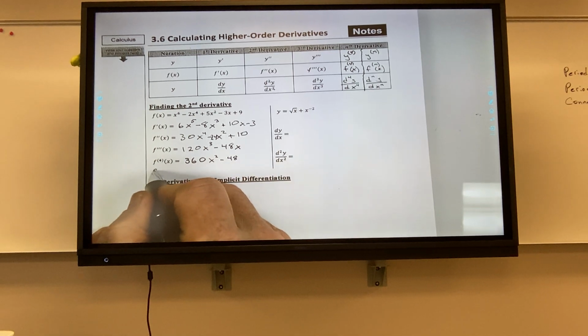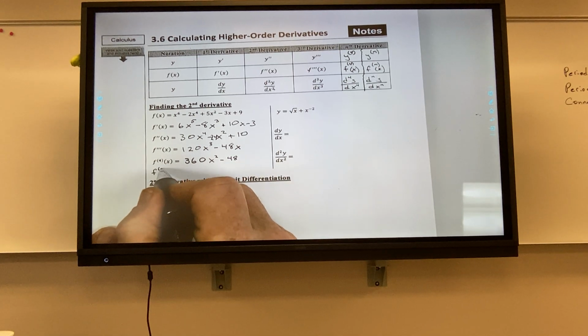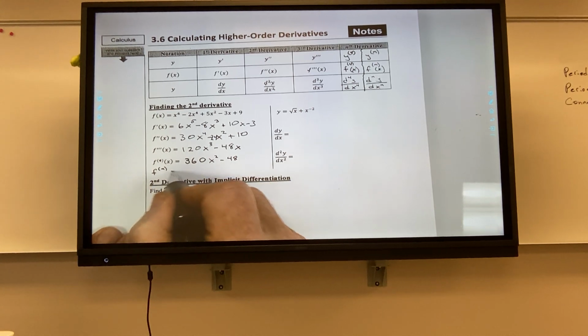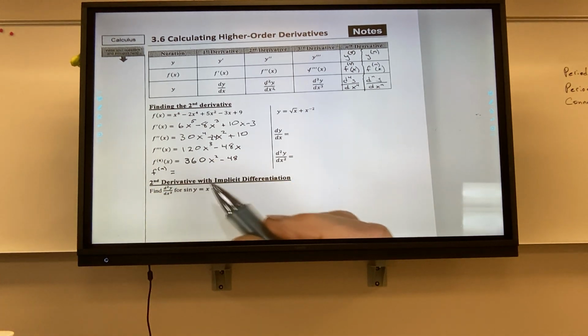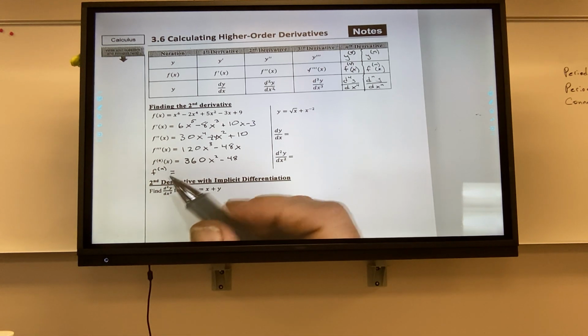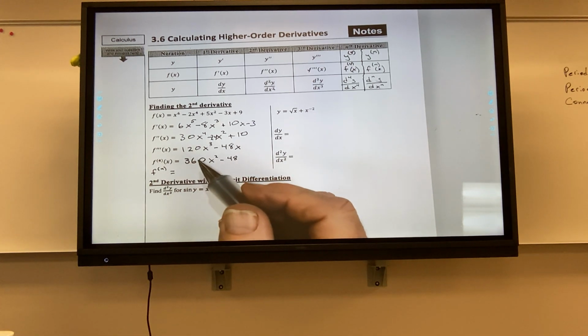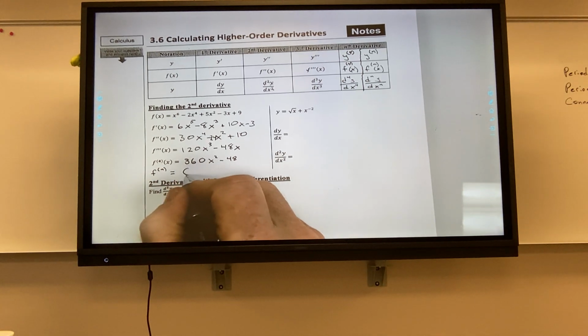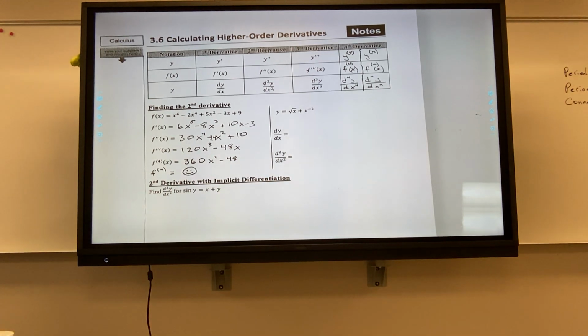So, here's my question. If I keep taking the derivative, what eventually happens? You get 0. You get 0. Why? Quick question, is that f to the n?